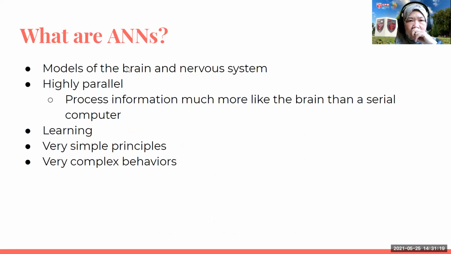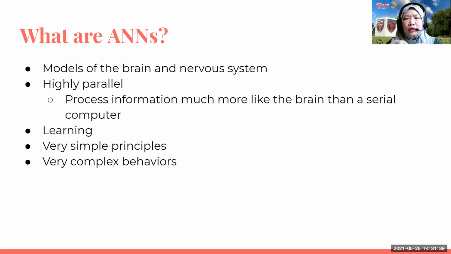So NN is actually a model of the brain and nervous system. That's what our brain is constructed of: we have the neuron and we have the synapse, the connection between one neuron and another neuron.